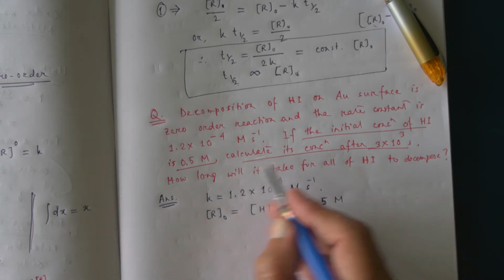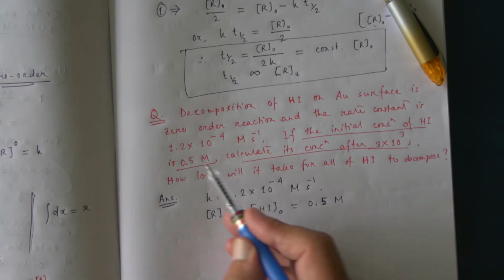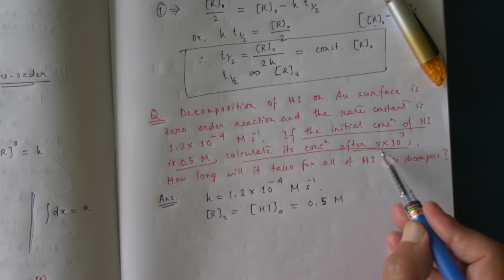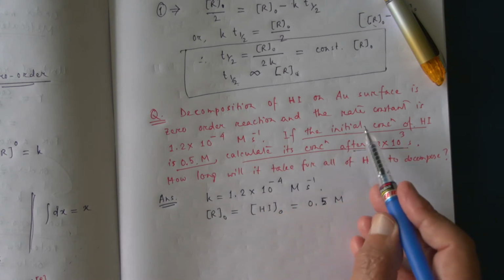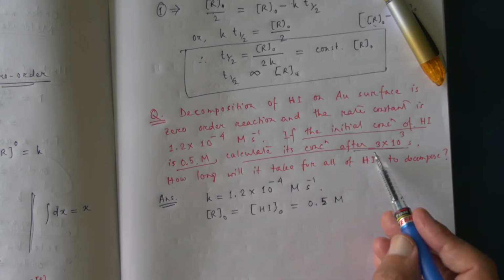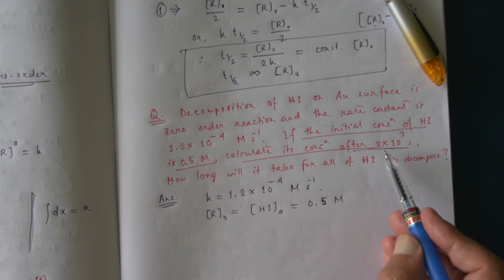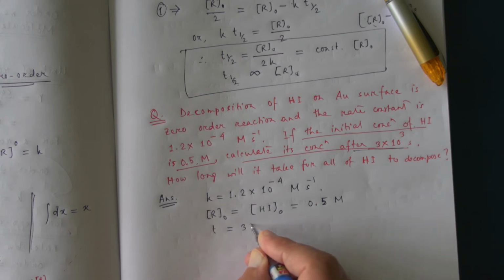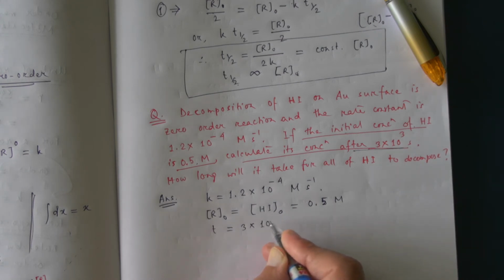Then what is asked? After this second, how much of HI will remain? Time is given, 3 into 10 to the power 3 second, 3000 second.